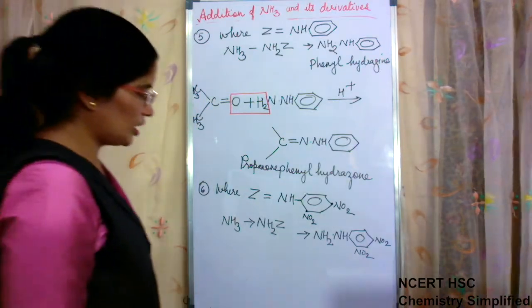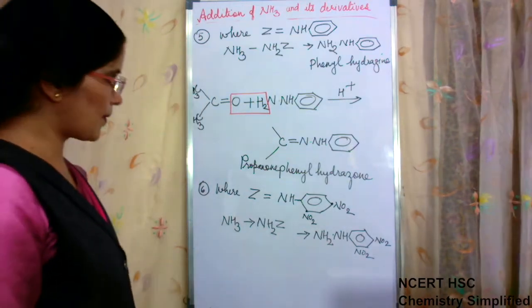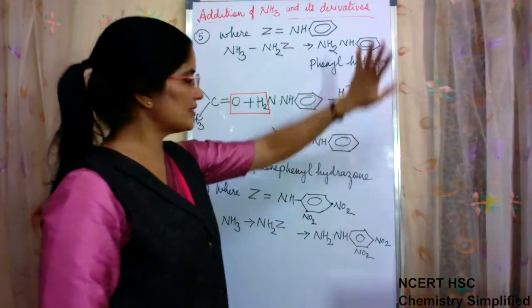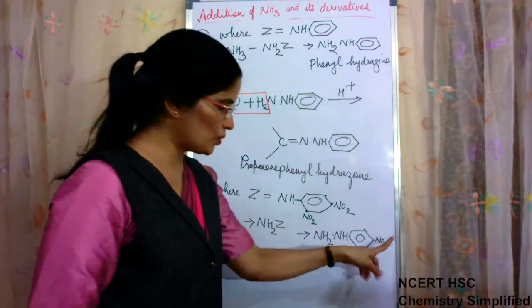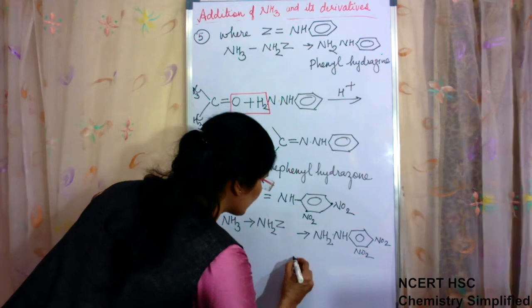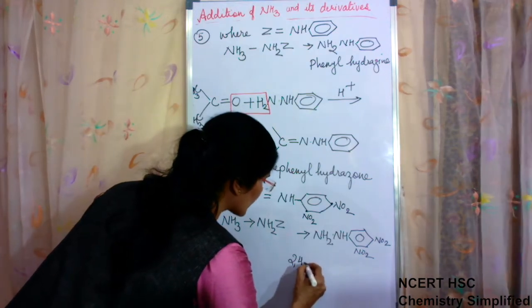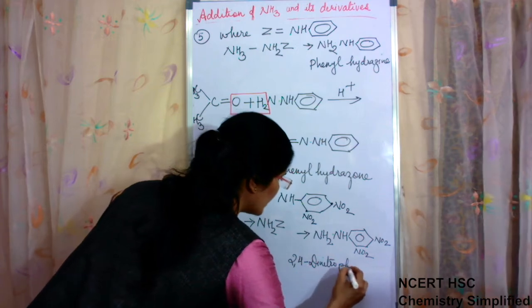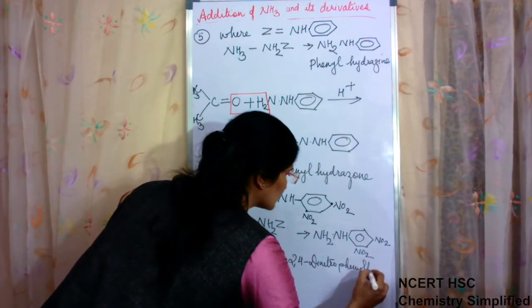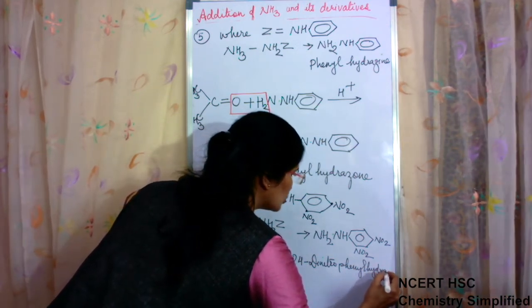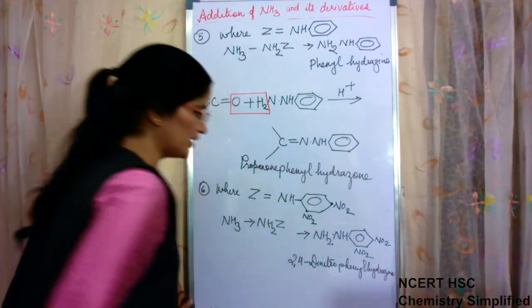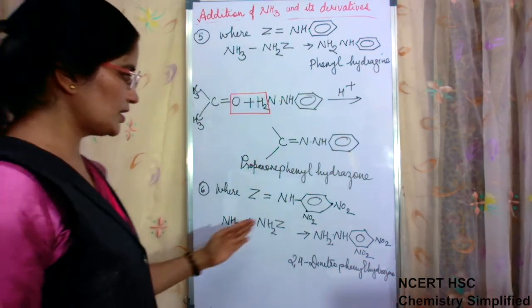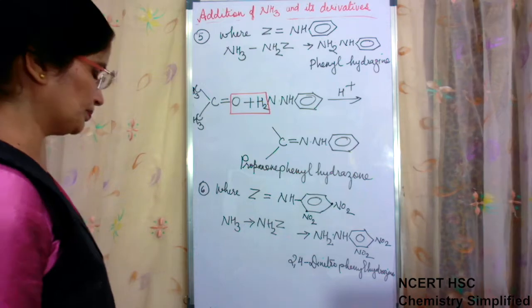Okay. So the name of this reagent: if it is phenyl hydrazine visible, but there are two more substituents, so the name is 2,4-dinitrophenylhydrazine. 2,4-dinitrophenylhydrazine is the attacking reagent now.